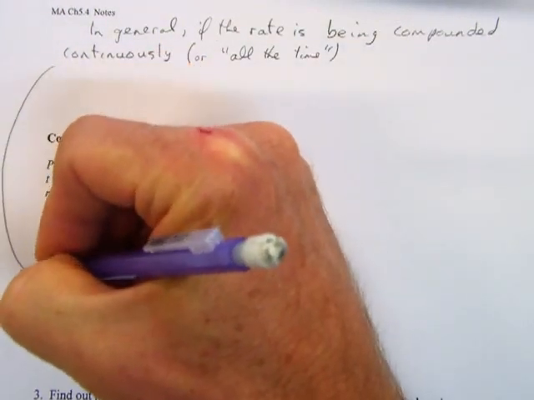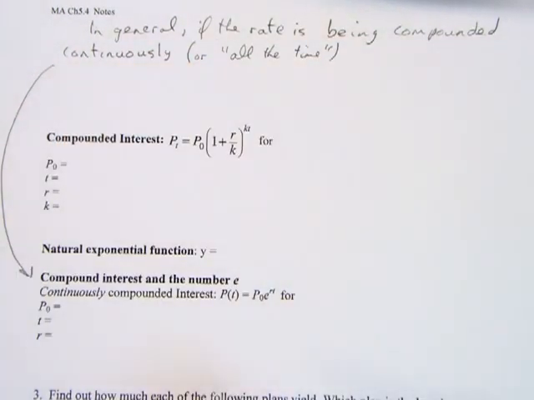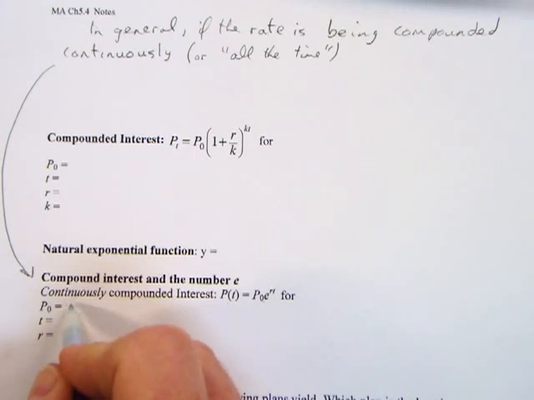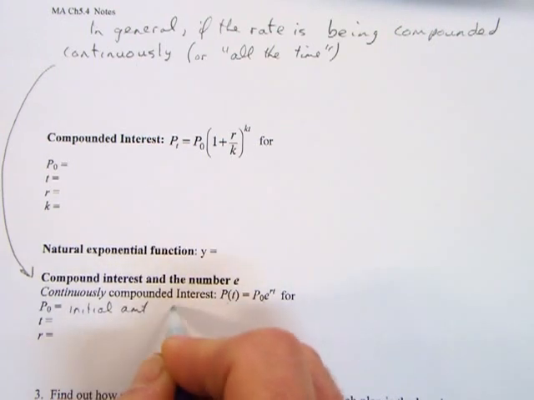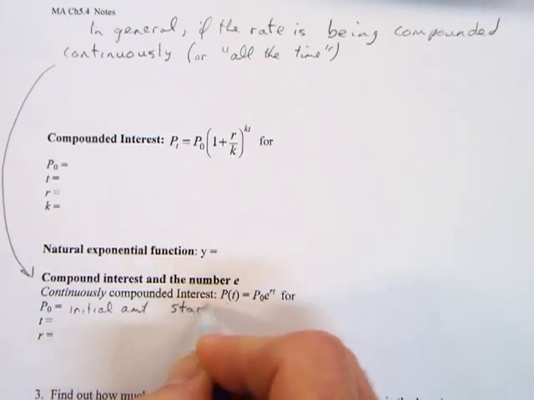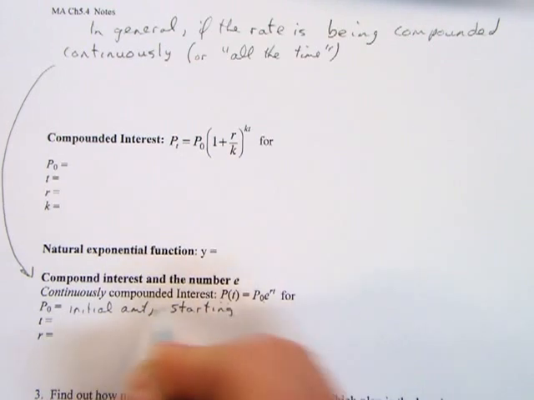So we have P of t equals P sub 0 e to the rt, and P sub 0 is what? That's our initial amount. You could also call it your starting value. What is r?